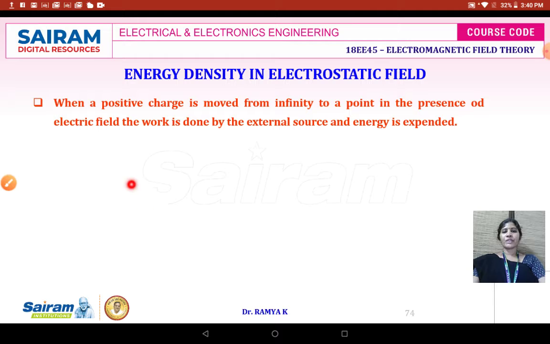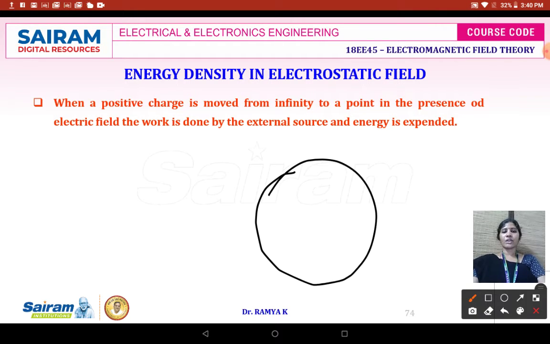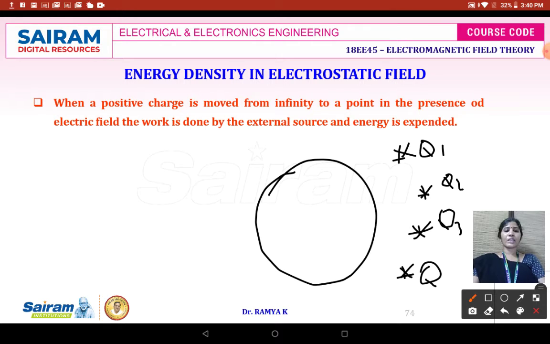When you are moving a positive charge, consider one universe. Inside this you don't have any charges. Outside, at infinity, we have n number of charges like Q1, Q2, Q3 and so on till Qn. We have n many charges.